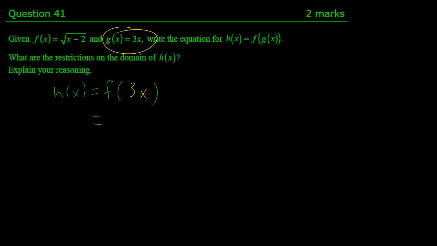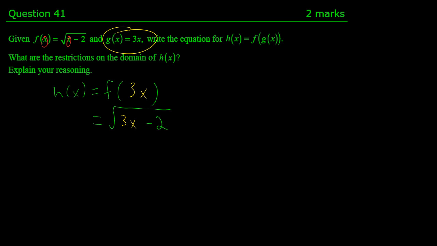We replace x with whatever's in the bracket. So this quite simply becomes the square root, and now we're replacing x with 3x. The minus 2 part is still there.